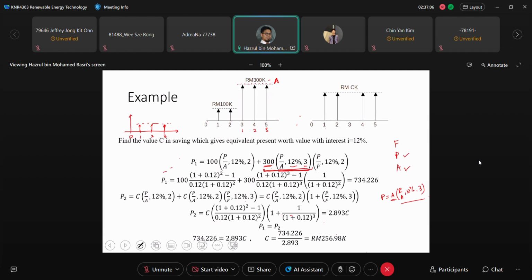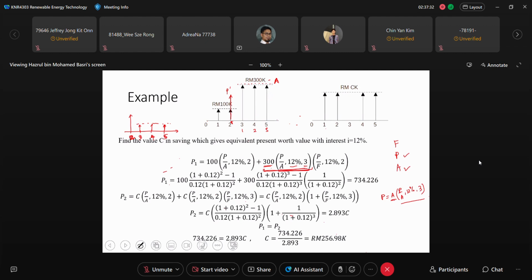What we are doing now is actually we shifted everything. Originally this one is 3, this one is 4, this one is 5. So the present value will be at year 2, which is here. So we will find out the P prime.